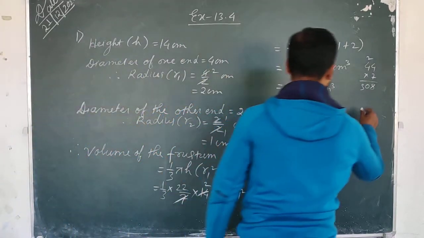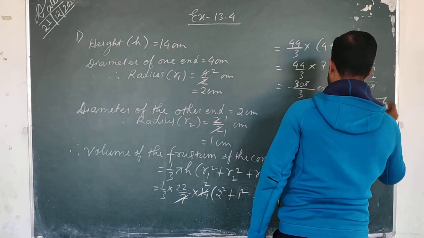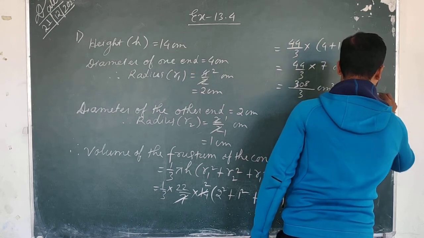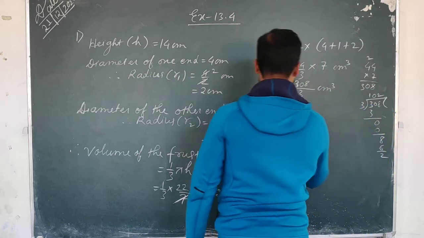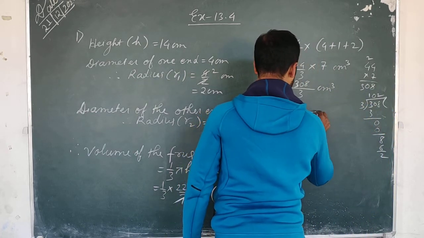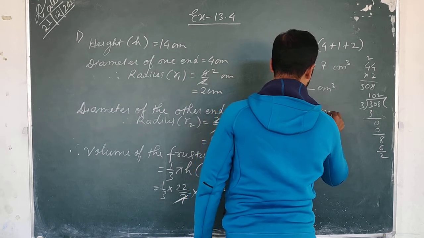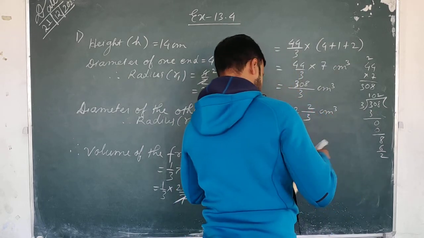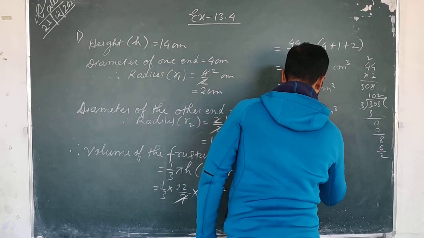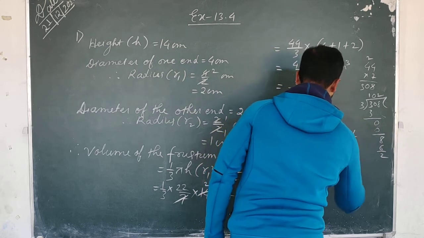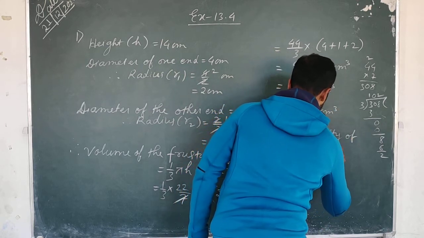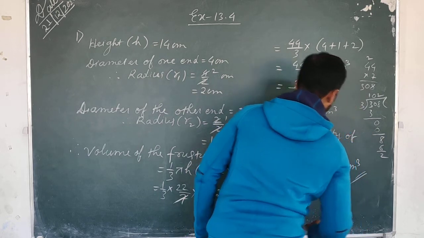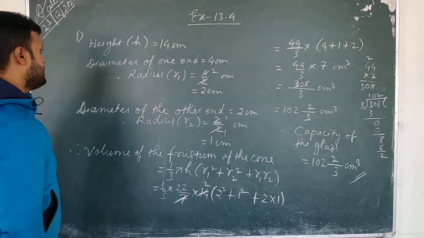So this is 308 divided by 3. Capacity of the glass is equal to 102 2 by 3. Okay, so let us see, students.